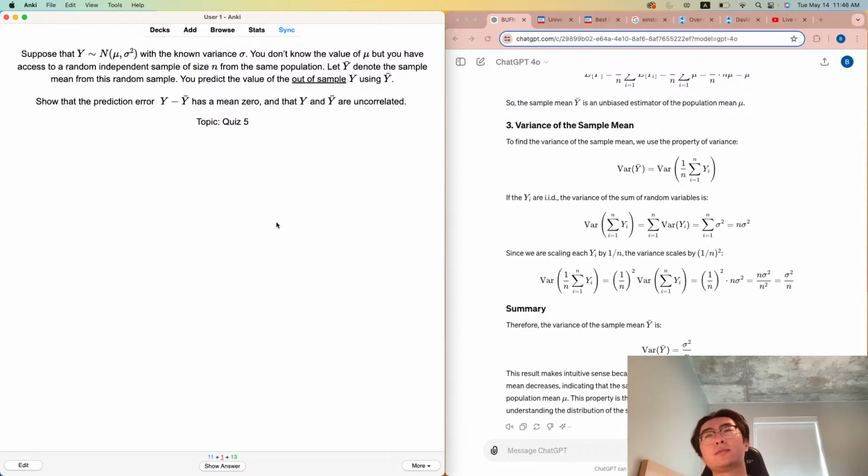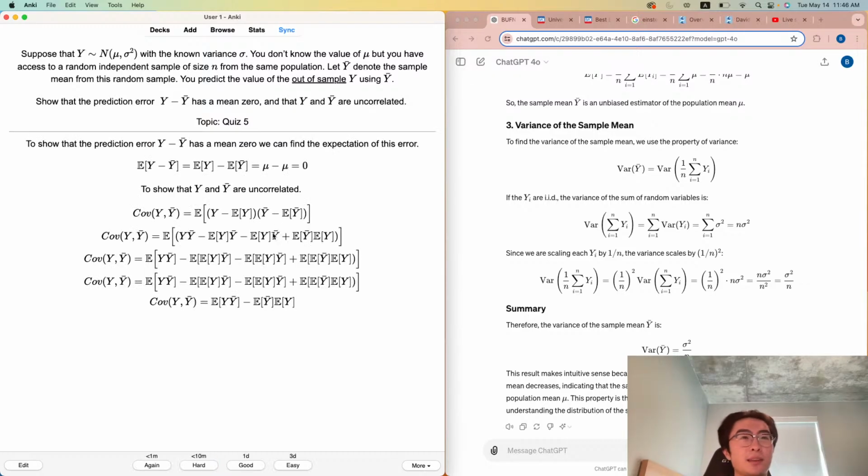I kind of don't really want to get into it right now, maybe later, but I guess that somehow gets to sigma squared over n somehow, yeah. Okay, say that's good for now.